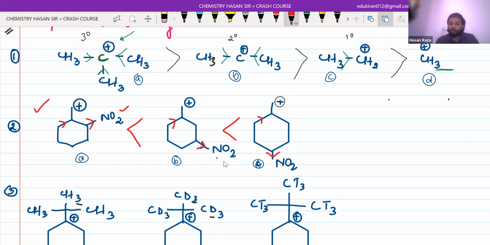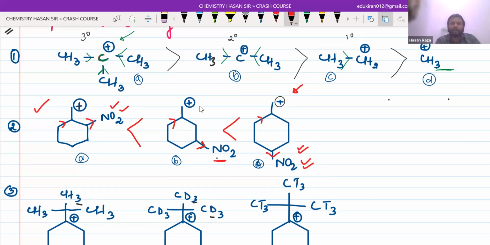This NO2 is farther from this, and this is very far away from the carbocation. That's why this will be the most stable, because it will not be able to withdraw electron. This carbocation is already facing the problem of electron deficiency, but NO2 has a tendency to withdraw electron. That's why this will be the order CBA.